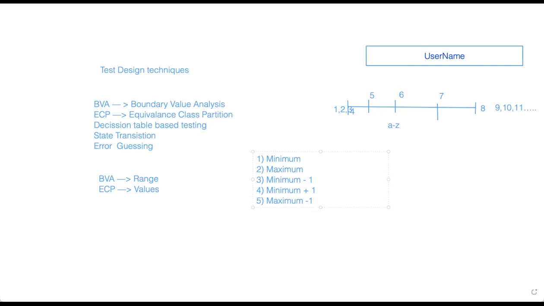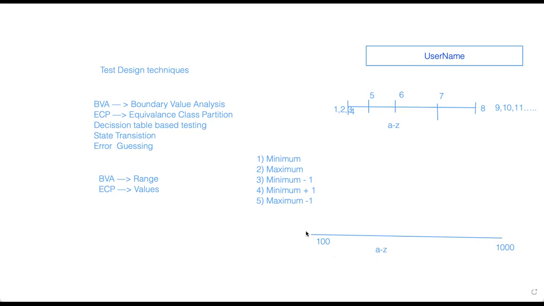Now let's see one more example, number of characters in a field. Let's take the minimum characters as 100 and maximum characters 1000, and it's also expecting A to Z. So how will we test this scenario?